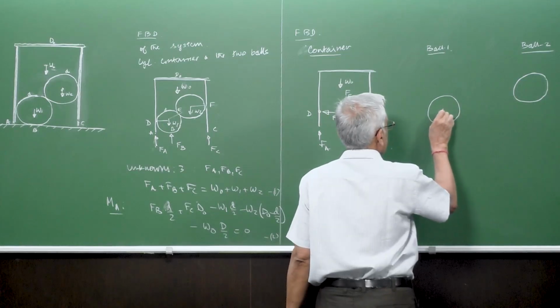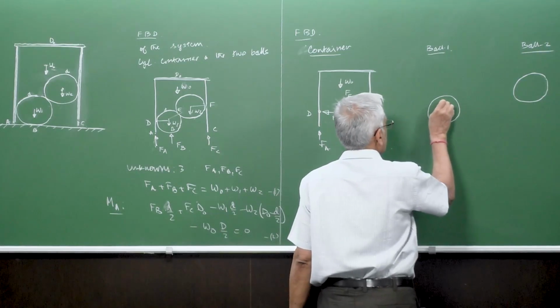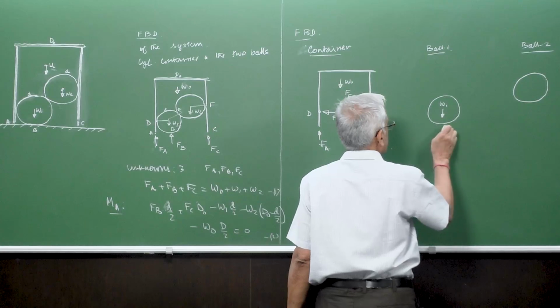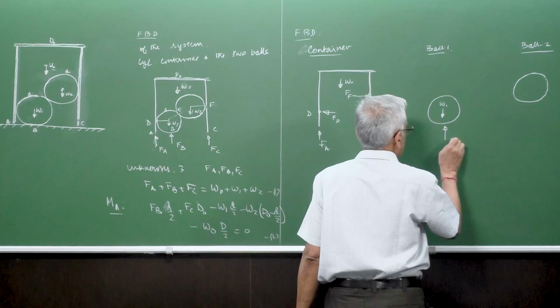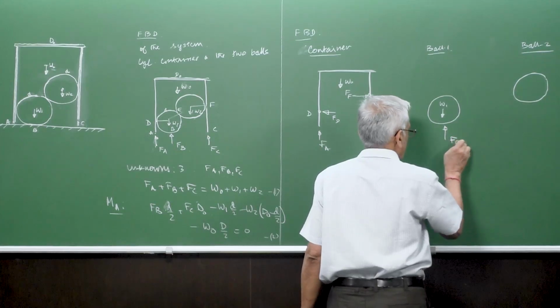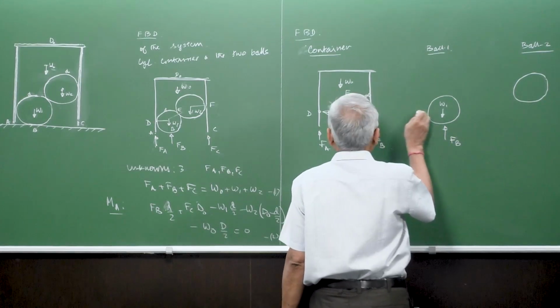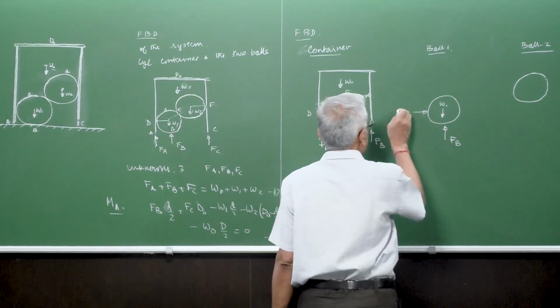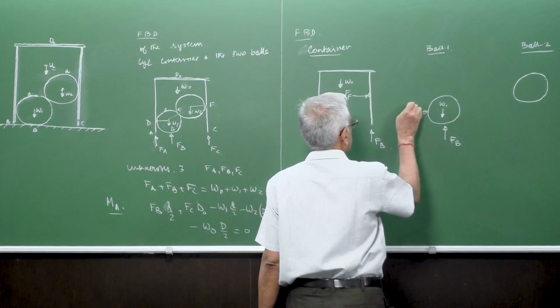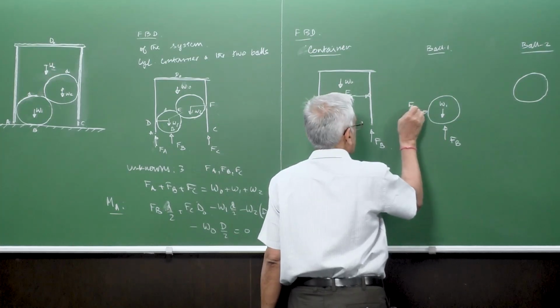The same thing we can write it quickly. W1 here, and ball 1 is in contact at point B with the ground, FB. This force between the container and ball 1 will be shown like this.